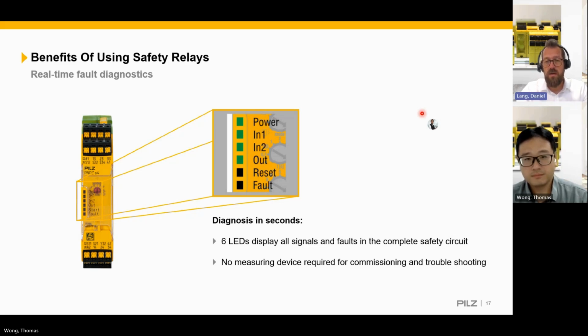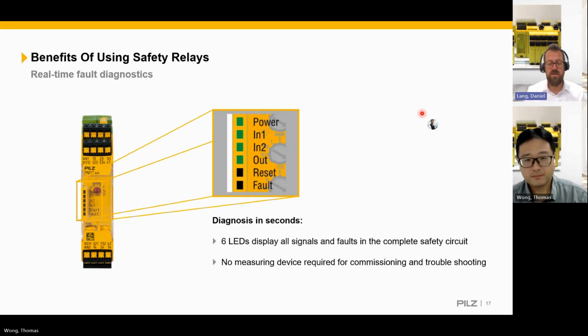You have many LEDs. In this case, we took the PILZ PNOZ Sigma S4 as an example. You have 6 LEDs and they display all the signals and faults in the complete safety circuit. So with that, it is much faster than with conventional relays.